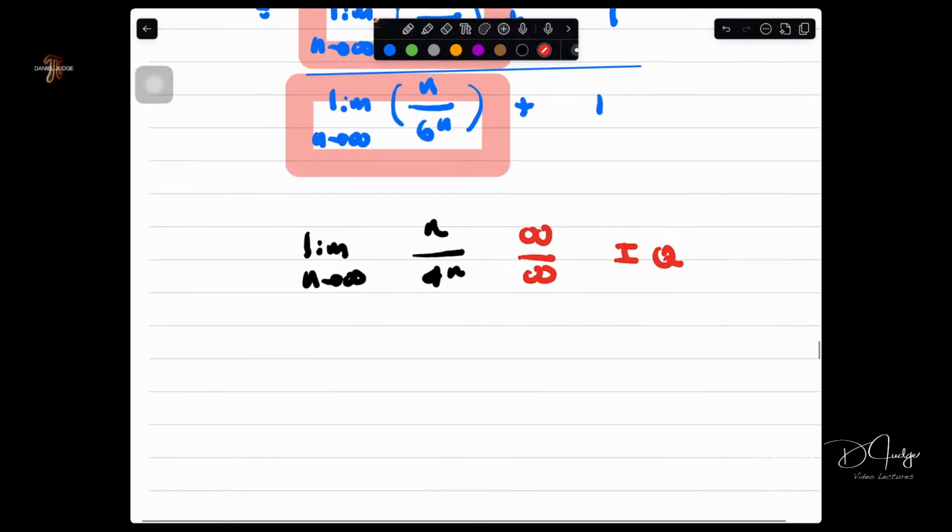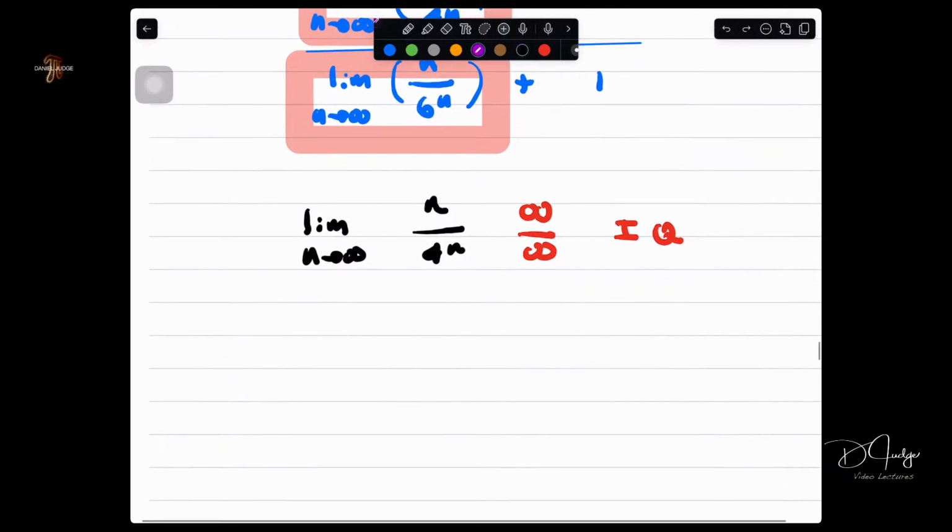So by L'Hopital's rule, we know we've got to take the derivative now. I'm going to have to change the variable to x.